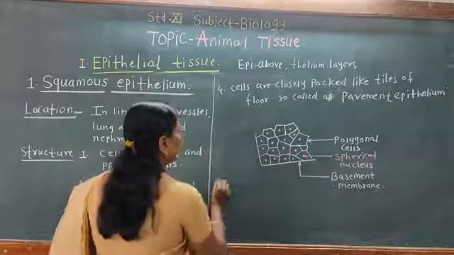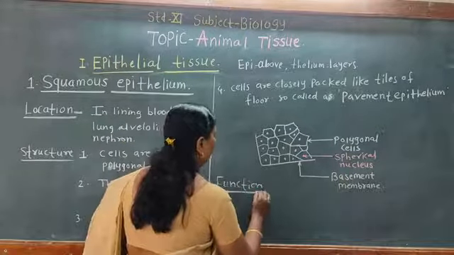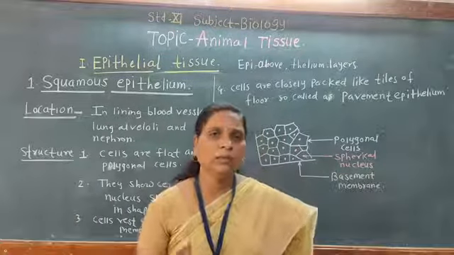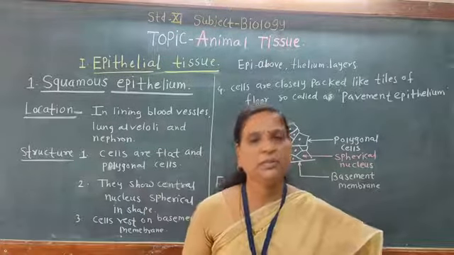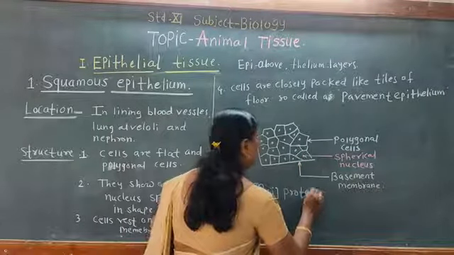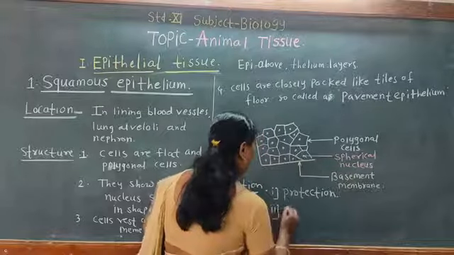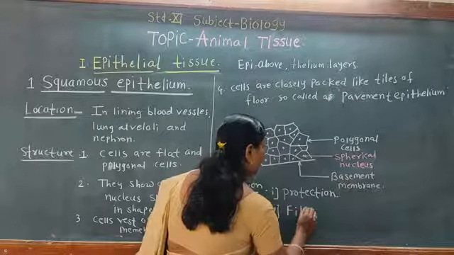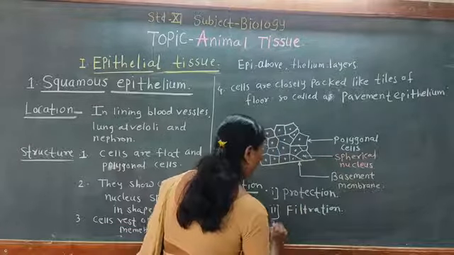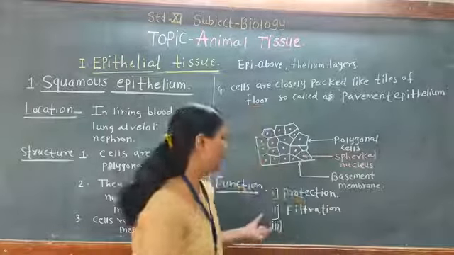Now what is the function? We know that the main function of epithelium tissue is protection. So you must write first the protection. Function is protection. Second, the filtration. फिल्ट्रेशन ऑफ ब्लड. आपण मगाशीच पाहिलं की नेफ्रॉन मध्ये बाउमन्स कॅप्सूलच्या लाइनिंगला ते असतात, त्याचं फिल्ट्रेशन हे काम आहे.